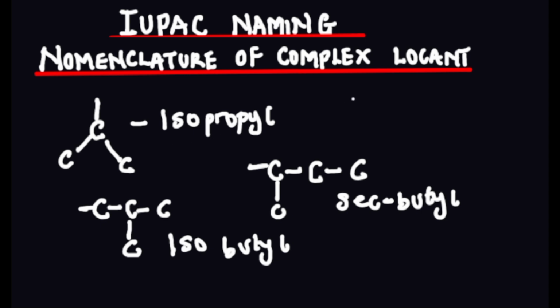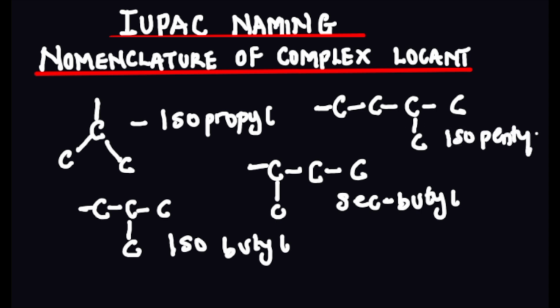Now, another one that we can have is when we have 4 carbon atoms, and then at this point we have a bond here, and there's another carbon here. So in this case, since it is 5 carbon atoms, you call this isopentyl.